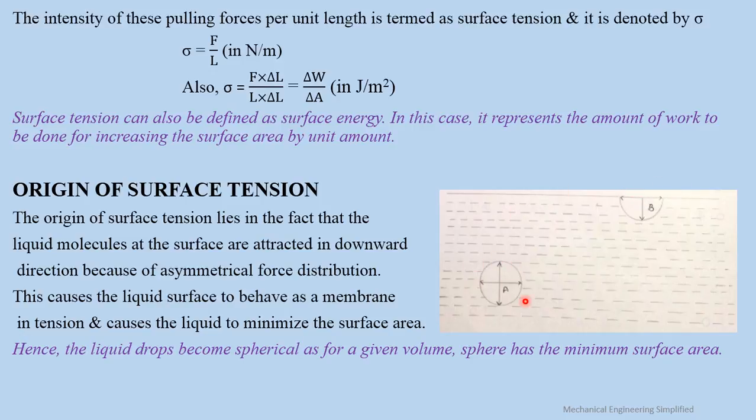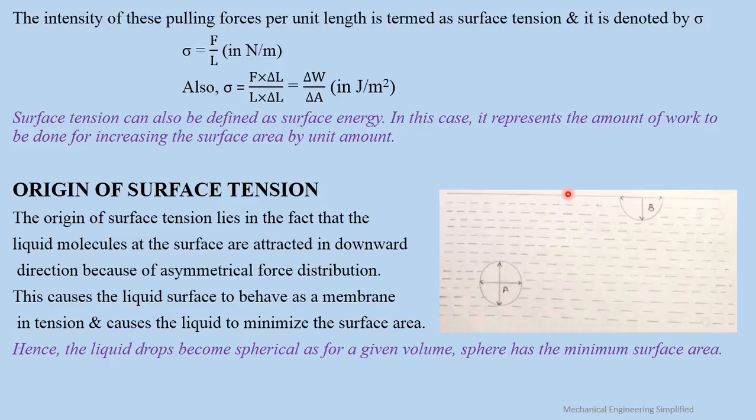In case of A, the forces are equal on all the sides, so it is subjected to symmetrical forces. But in case of liquid droplet B, it is not subjected to symmetrical forces. There is a resultant downward pull in this direction.